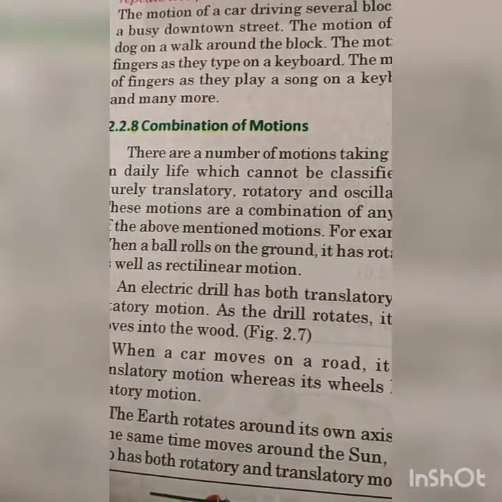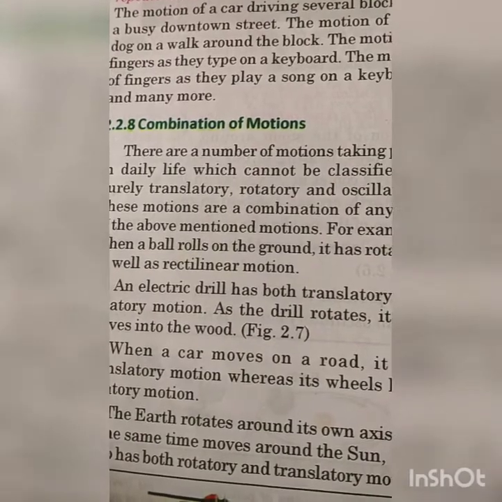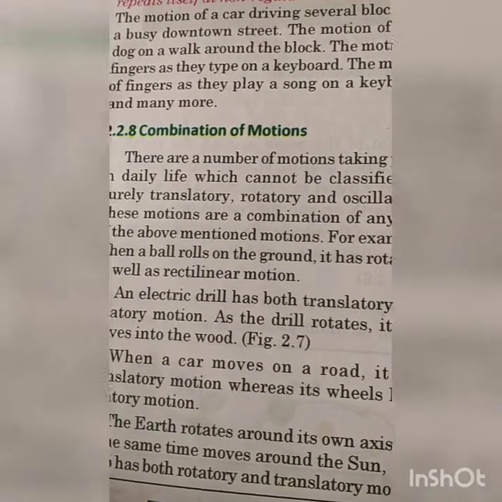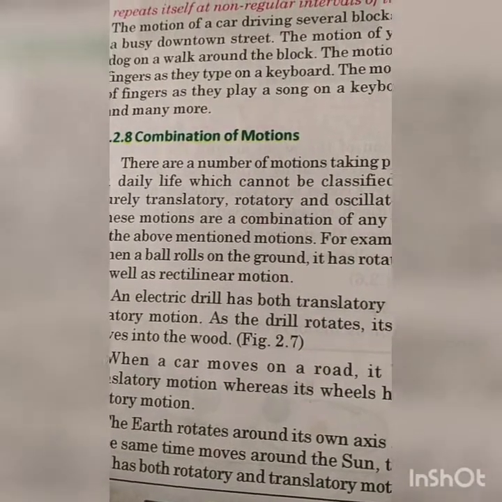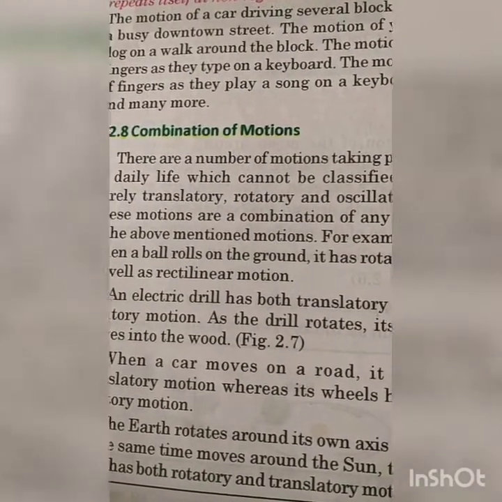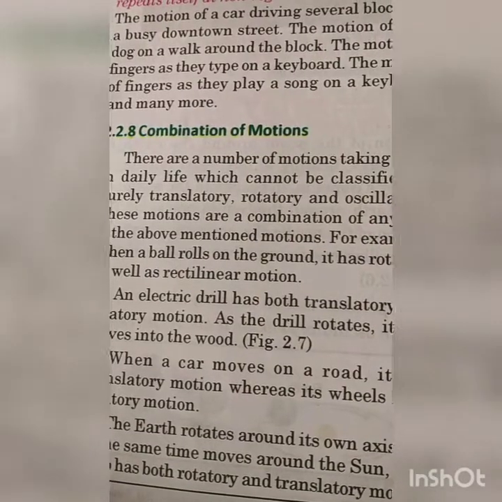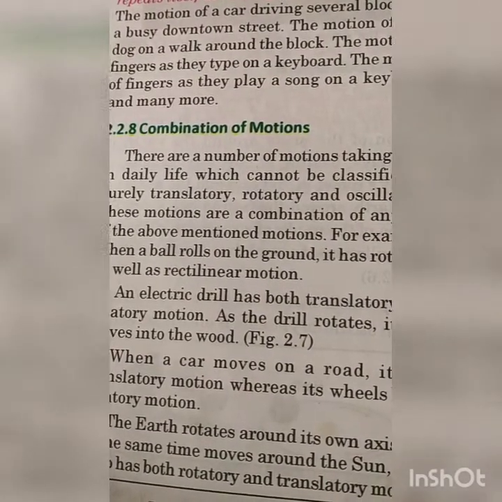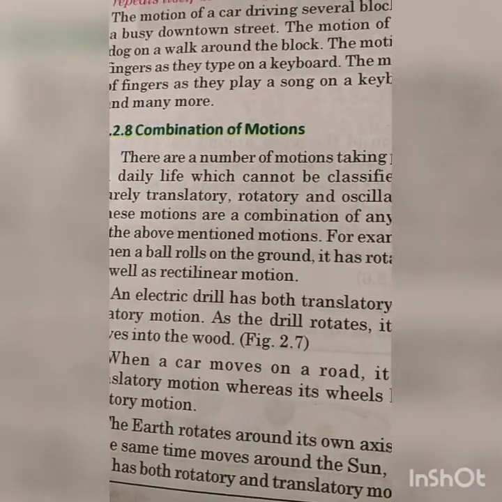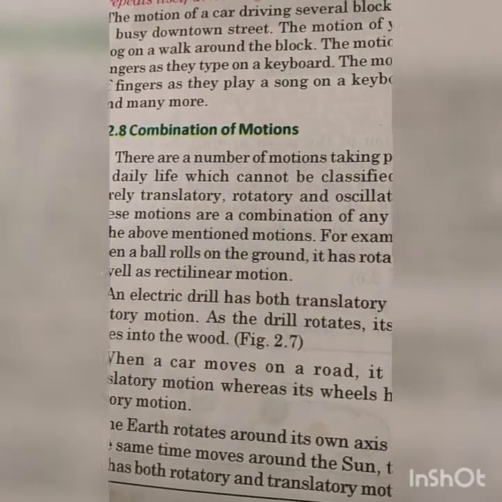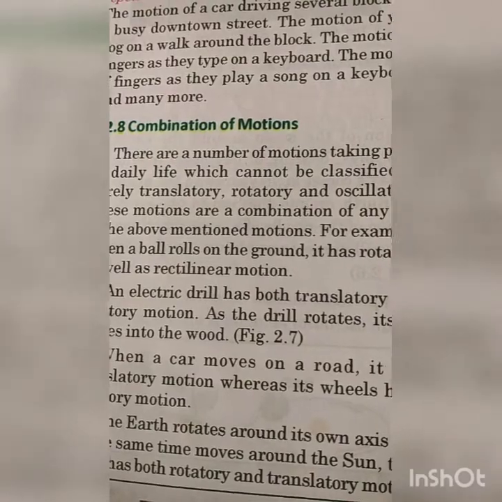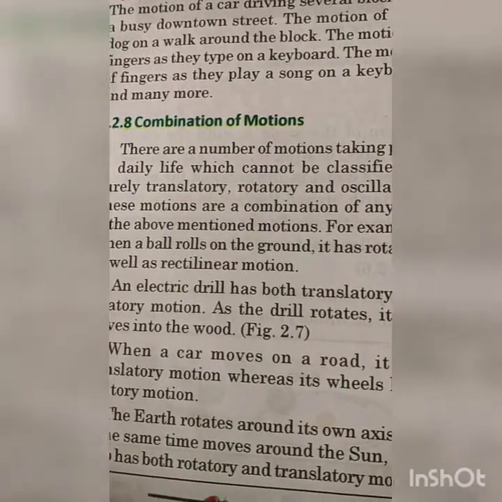Like when a car is moving on a road, it's moving maybe in a straight line or in a curve, but its wheels are rotating. So rotatory motion is there in the wheels, and the car is moving in rectilinear or curvilinear, whatever motion.